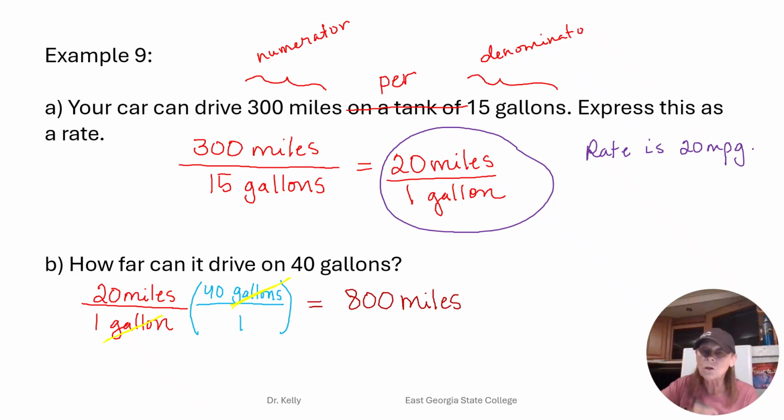Now, if you didn't look at it in terms of dimensional analysis, you would have just said 20 times 40, and you would have just straight up told me it was 800 miles. But I wanted to take something that you already kind of knew how to solve and put it to you in terms of the dimensional analysis we're going to be using on the next problem.